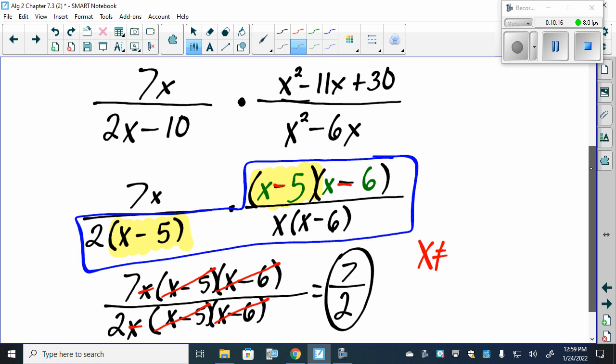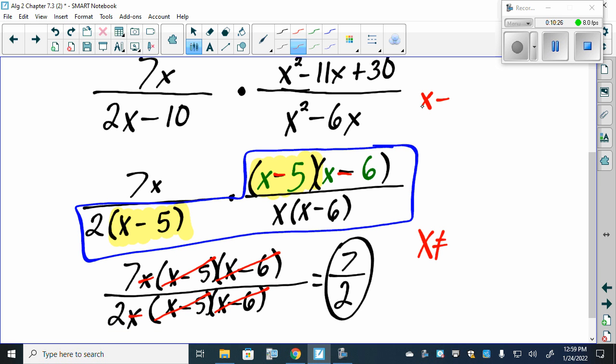And what value of x will make x minus 5 zero? 5, yes? 5 minus 5 is 0. The other way we can look at it is to set up x minus 5 equals 0, and add 5 to both sides, telling me x is equal to 5.